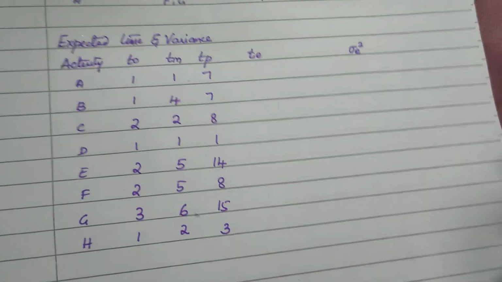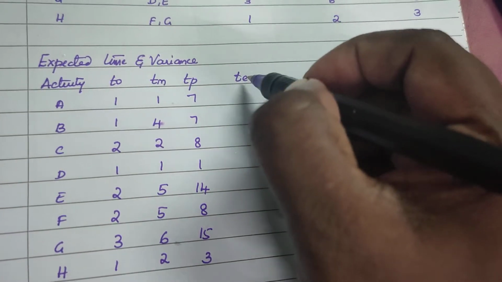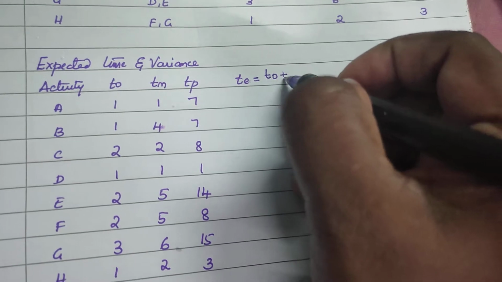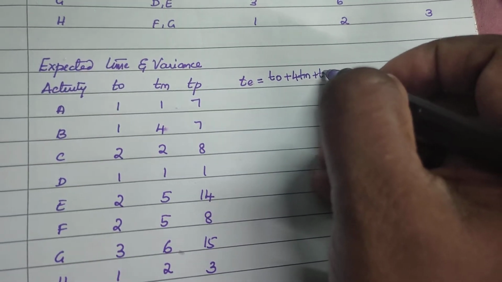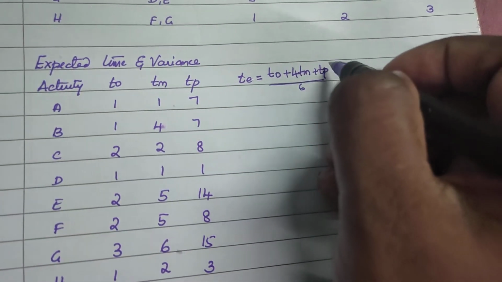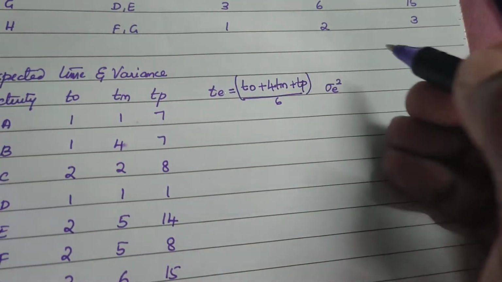Now I'm going to find the expected time, TE, which is equal to (TO plus 4TM plus TP) whole divided by 6. This is my expected time.